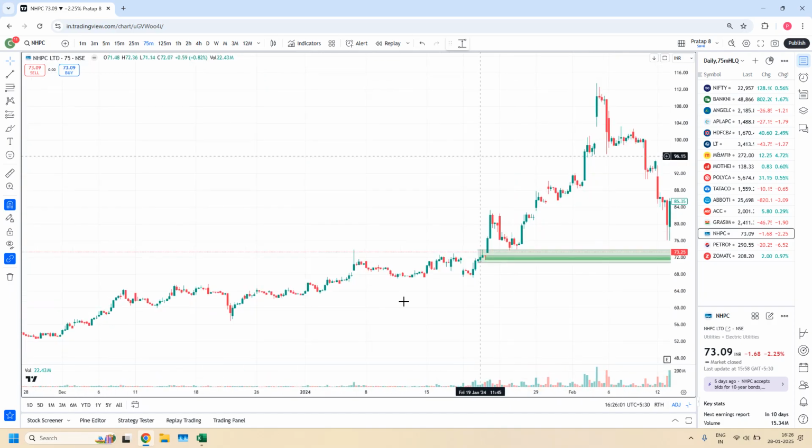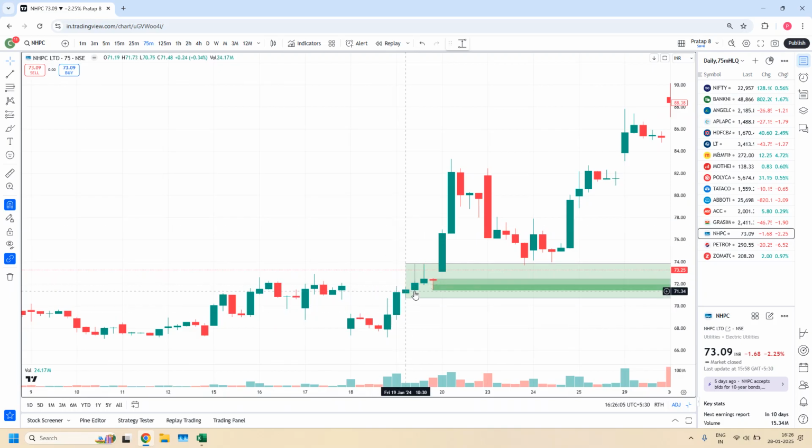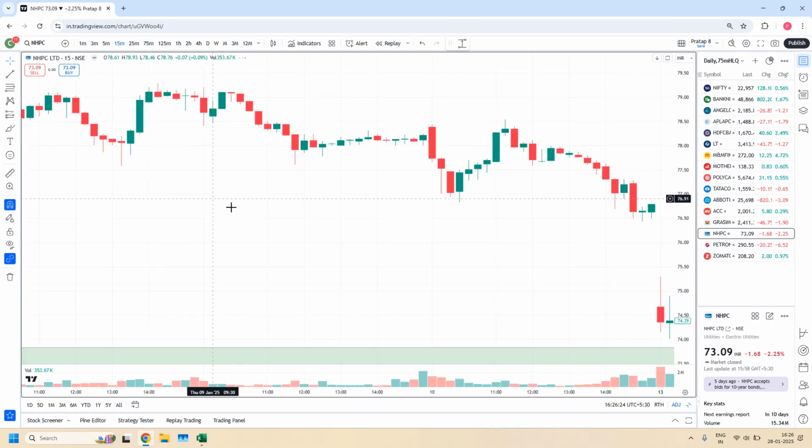Here you have a 75 minute zone identified by our software, with a rally candle. You have 1, 2, 3, 4 base candles and then a rally candle with some gap. Rally, base, rally. And this one is again fine tuned with the 15 minute time frame.